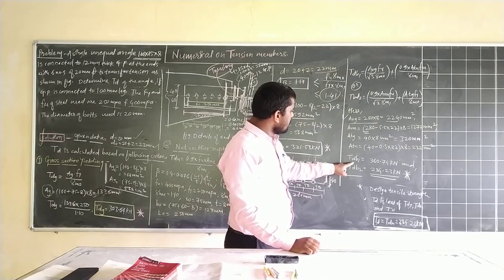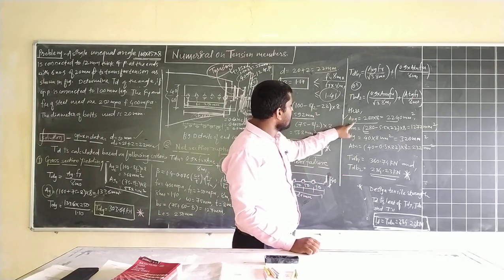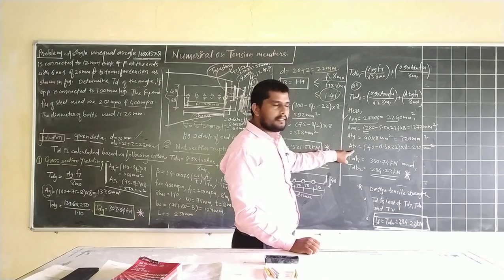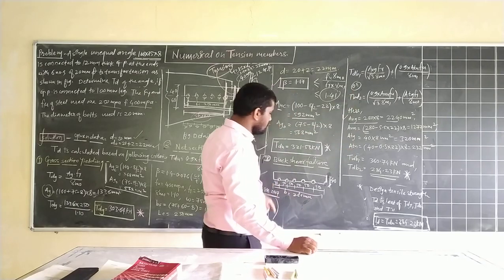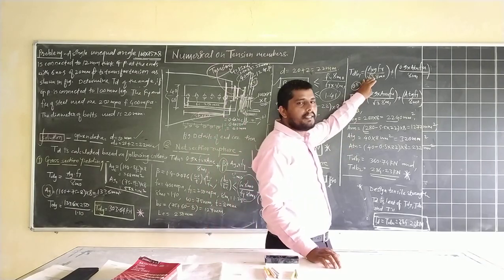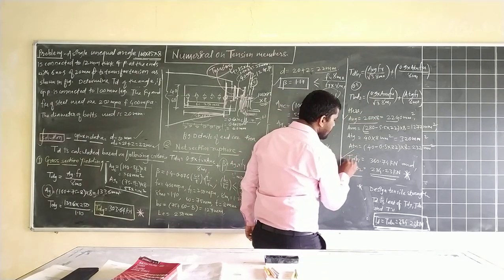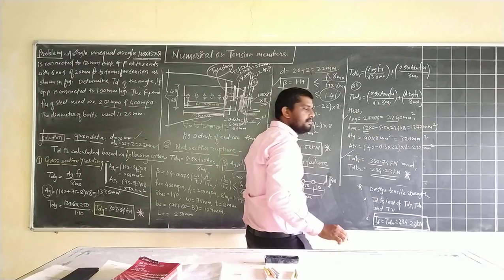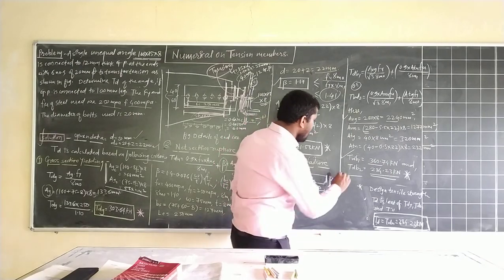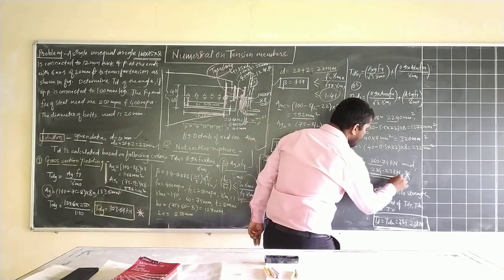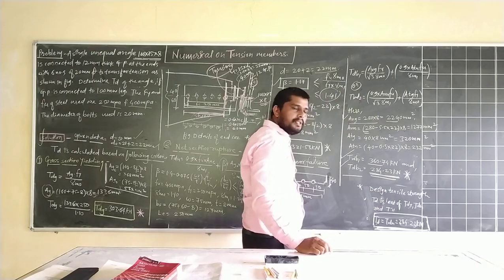Then for TDB, after knowing the values AVG, AVN, ATG, ATN and beta, we substitute all values in TDB1 and TDB2 and find the result. TDB1 will be 360.74 kilonewton and TDB2 will be 284.23 kilonewton.